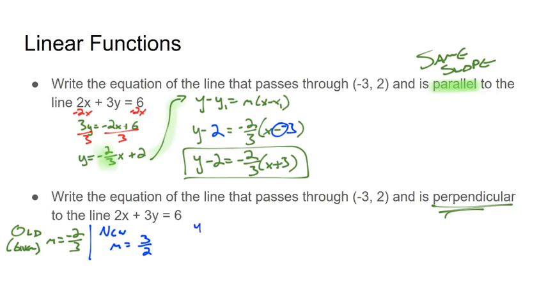So I'm going to write my equation in point slope form. We have our slope is now a positive 3/2. And then our given point is x1 and y1. So I'm just going to substitute those in real quick.